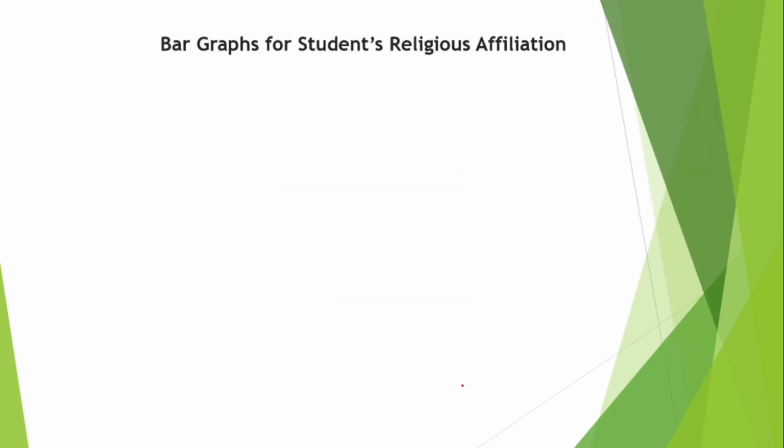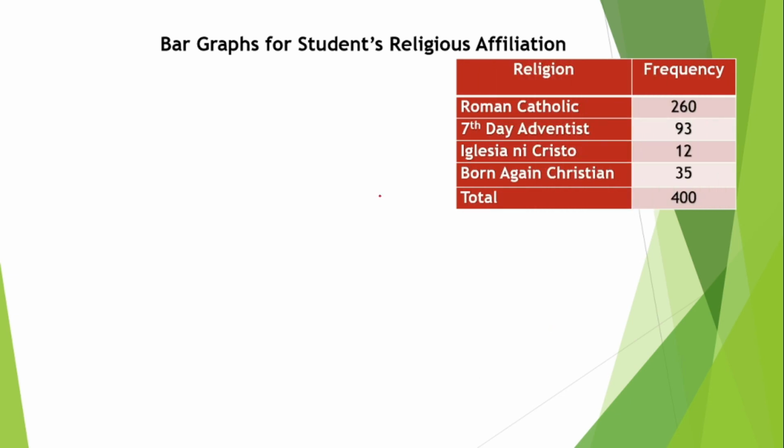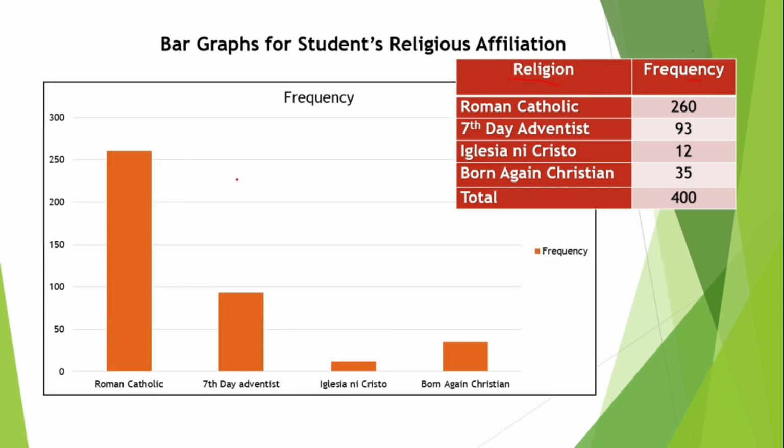And for the bar graph of students' religious affiliation, we just use the indicator, the religion, and then the frequency, the number of students. So for Roman Catholic, we have here, these are the religions, so we need to label it religion.